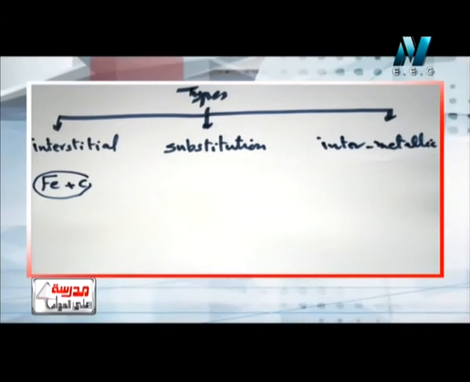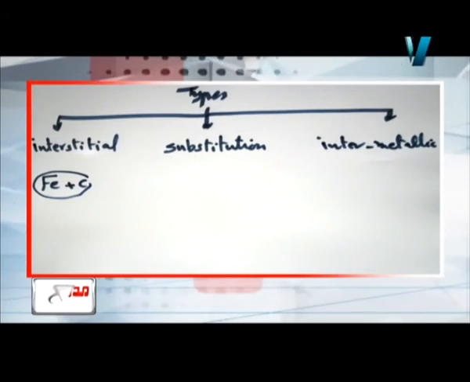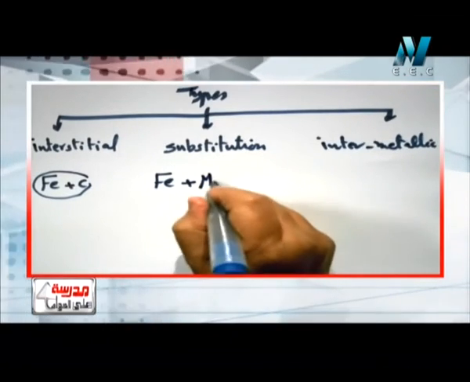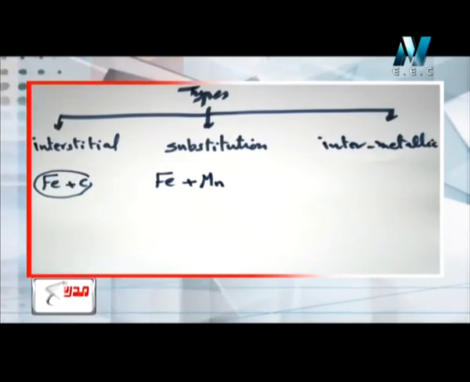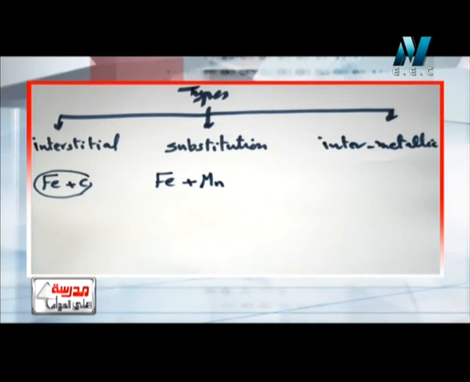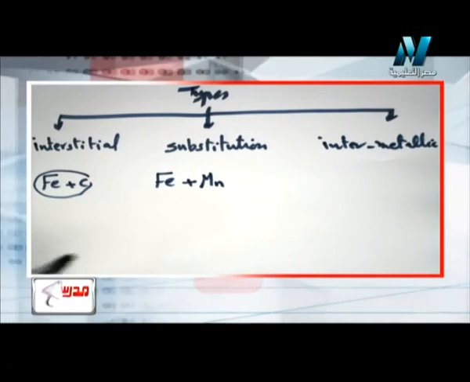If the two elements are similar in diameter, chemical properties, and crystal form, this is called substitutional alloy, as in ferromanganese and ferrochromium. If the two elements are different in properties, from different groups, but make a chemical bond between them, this is called intermetallic.